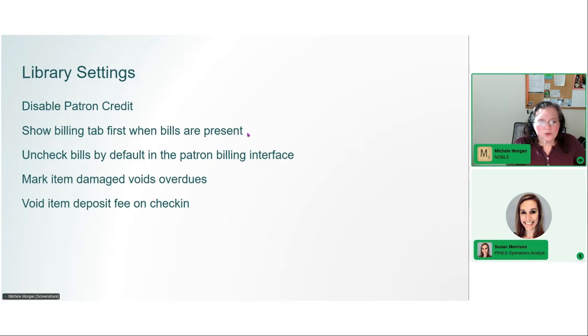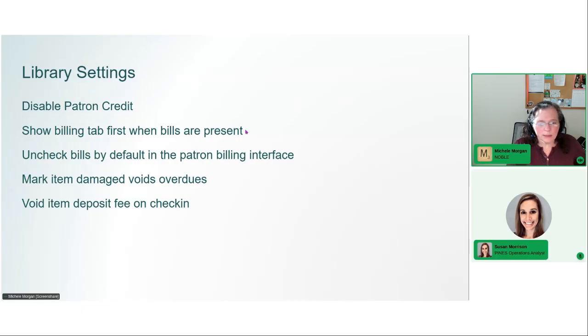This option controls what displays when you first retrieve a patron record where the patron owes a bill. Normally you'd retrieve your patron record, and if there's no block that pops up, the system will put you directly on the checkout screen.